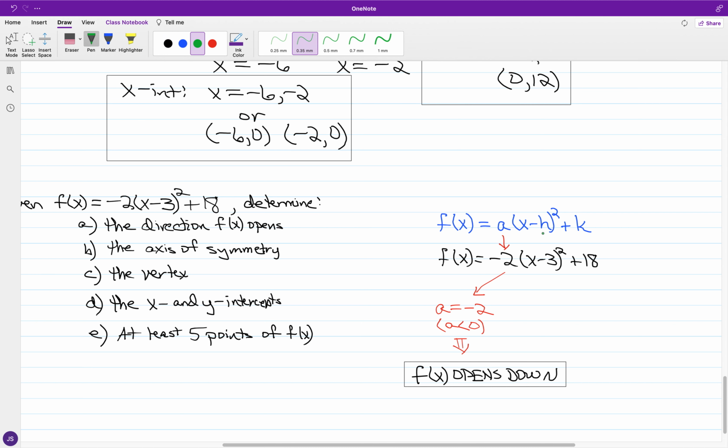And for the h and k values, h is going to be the zero of x minus 3. So x minus 3 equal to 0 gives x equal to 3, which is the h value. And for the axis of symmetry, that is going to be x is equal to 3.